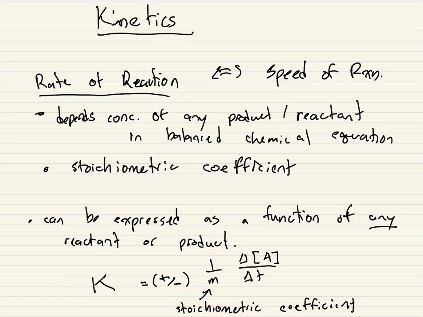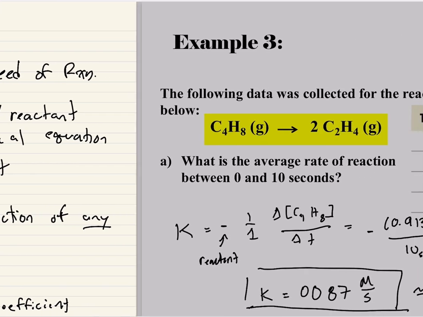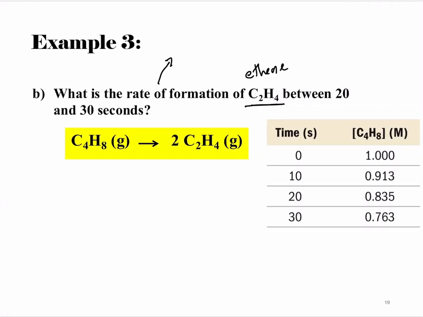Why? Because that's a singular value for the entire reaction, whereas the rate of formation or decomposition is for specific reactants or products in the reaction. So here we're looking at the rate of formation for ethene, C2H4. That's defined as this quantity right here.